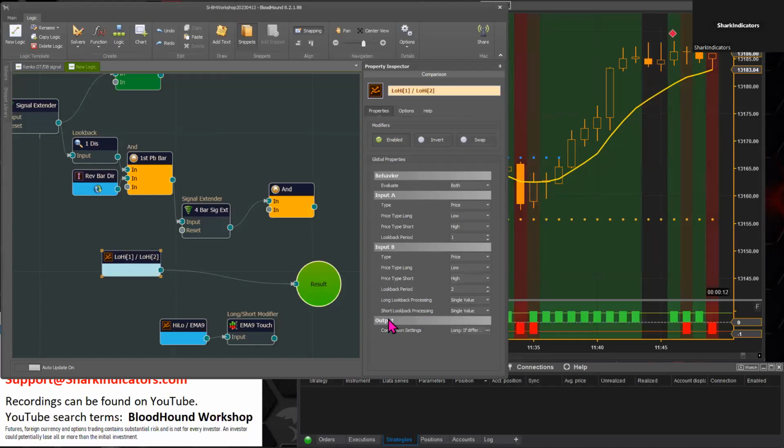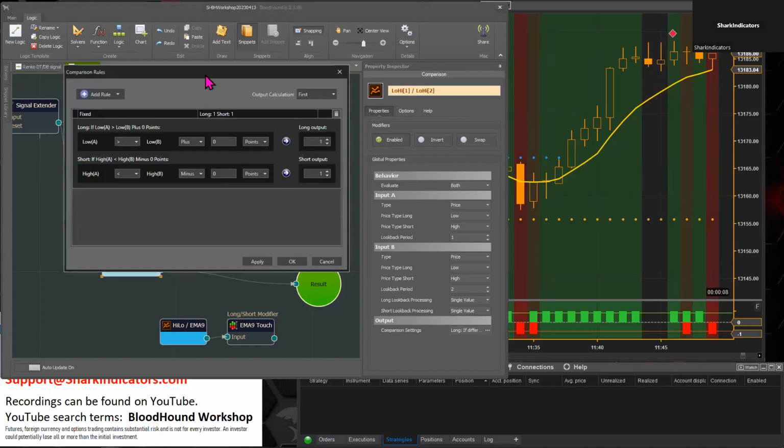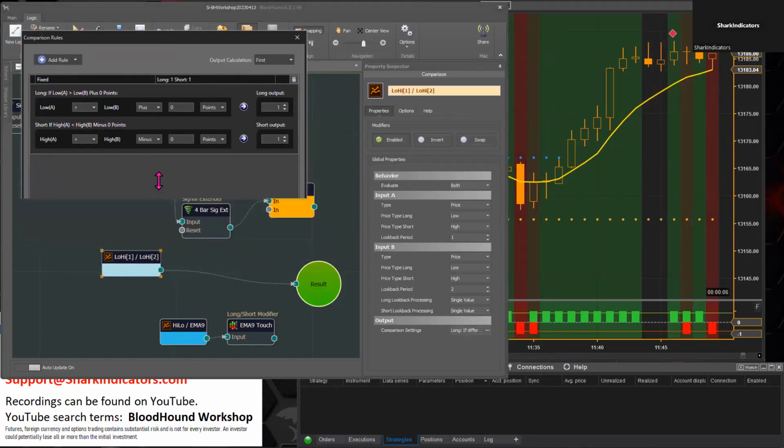Now when we go into the rules window here, when I look at this, for a short output, it's using the high prices.